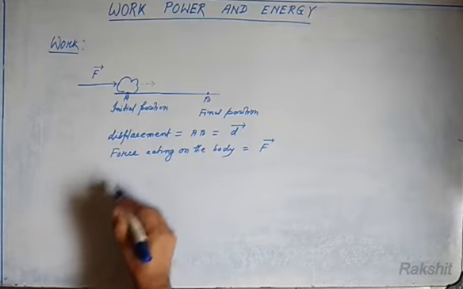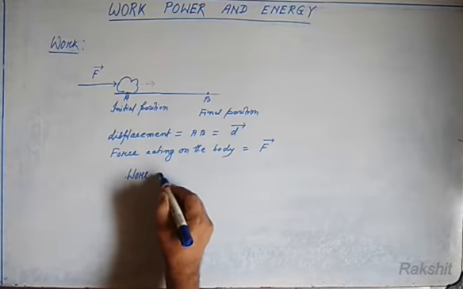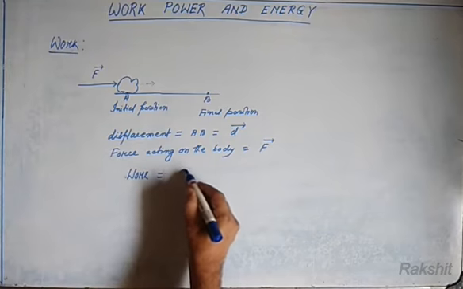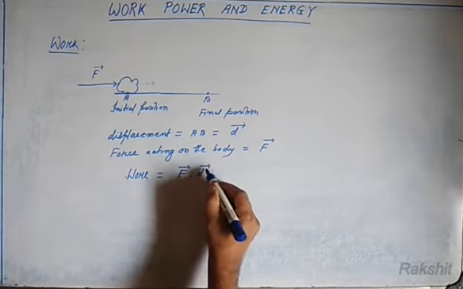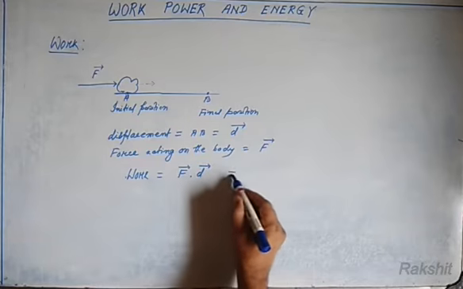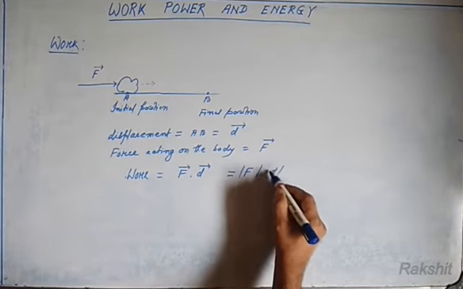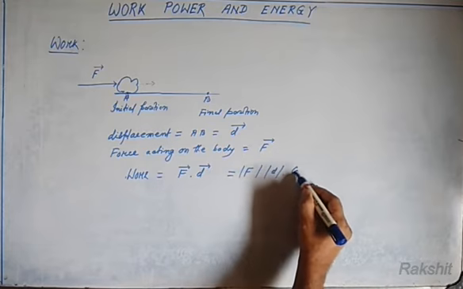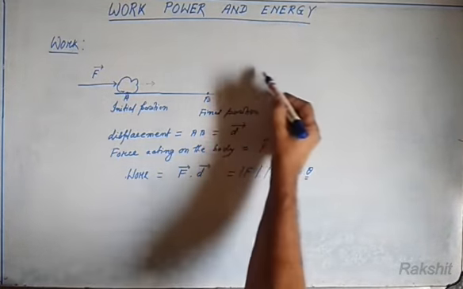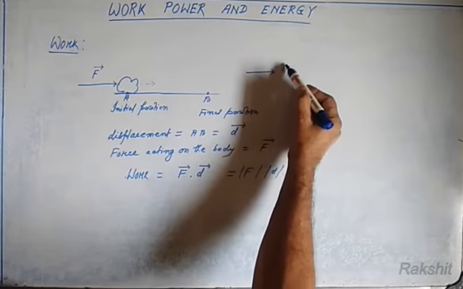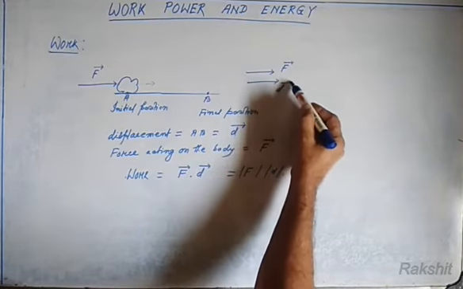Now the work is defined as work is equal to F dot D, which is equal to mod of F, mod of D, and cos theta, where theta is the angle between the direction of force and the direction of displacement.